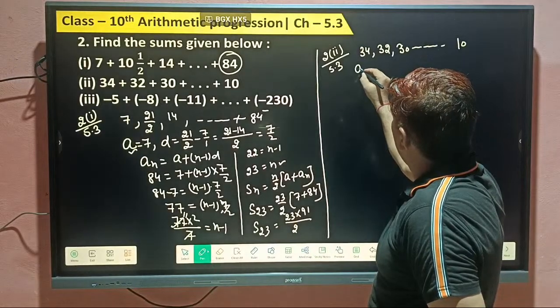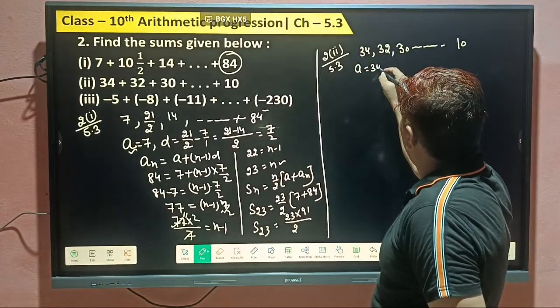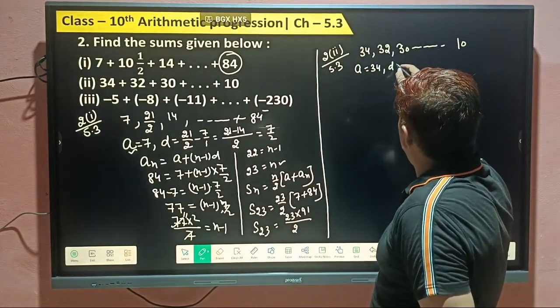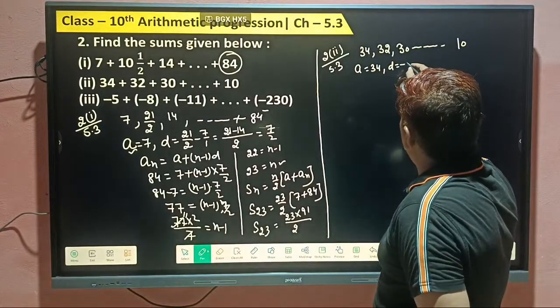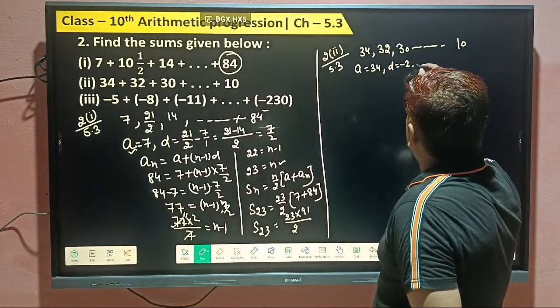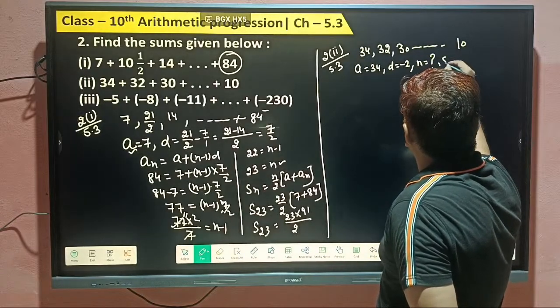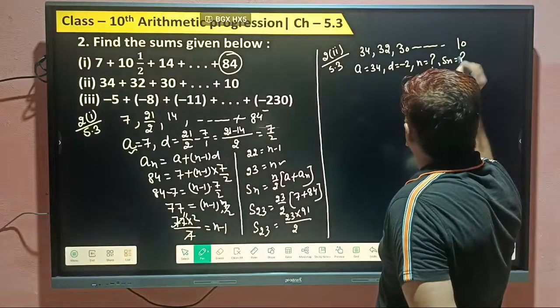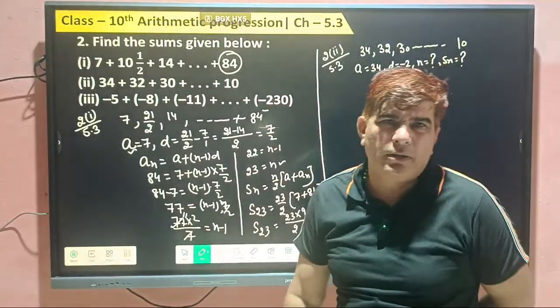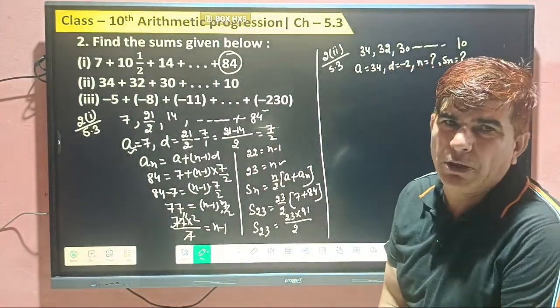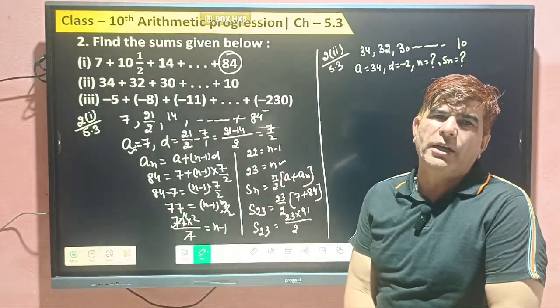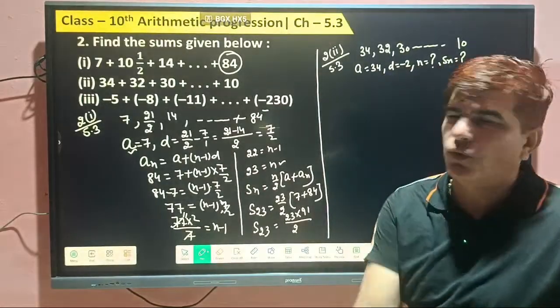What's given? AP. So what's A here? A equal to 34. What's your D? D equal to minus 2. What's your N? We don't know. What's your Sn? We don't know. So two variables, directly not possible. To solve two variables, we need at least two equations.